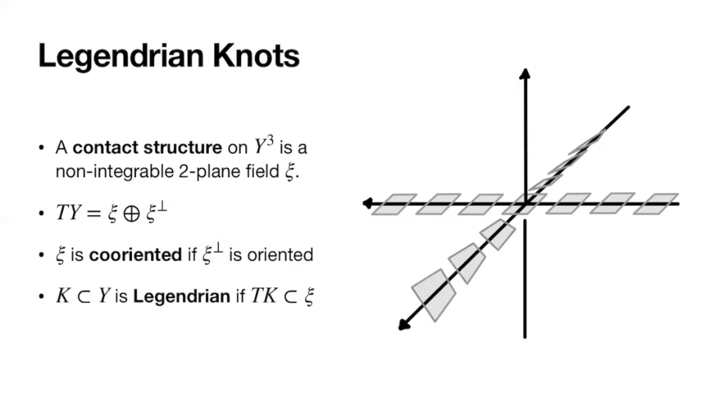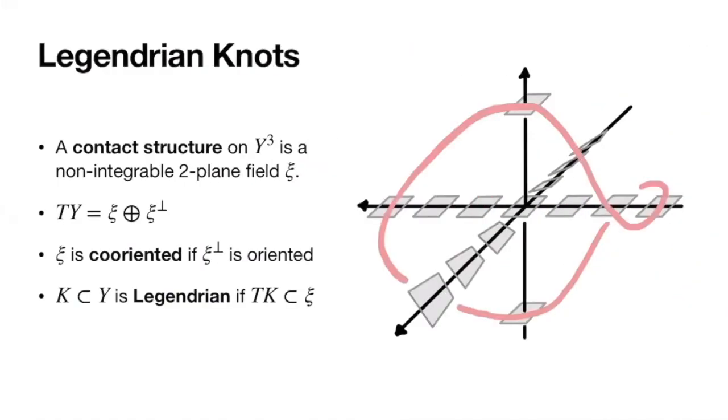Here's a picture of a contact structure on S3, and if I think about a knot inside of my three manifold, I call this knot Legendrian if its tangent bundle sits inside of the contact plane. Here's a picture of what I mean. Basically, I'm just saying that at every point, the knot that I've drawn is tangent to the contact plane.